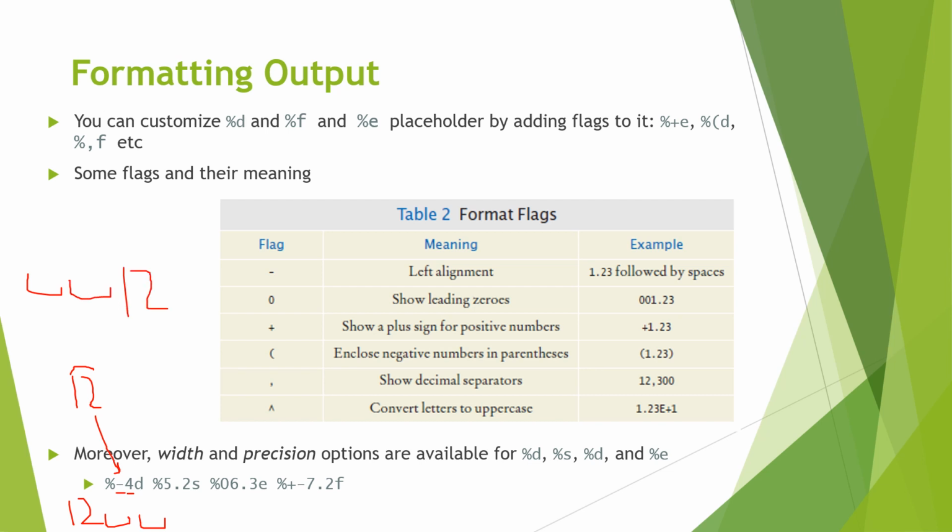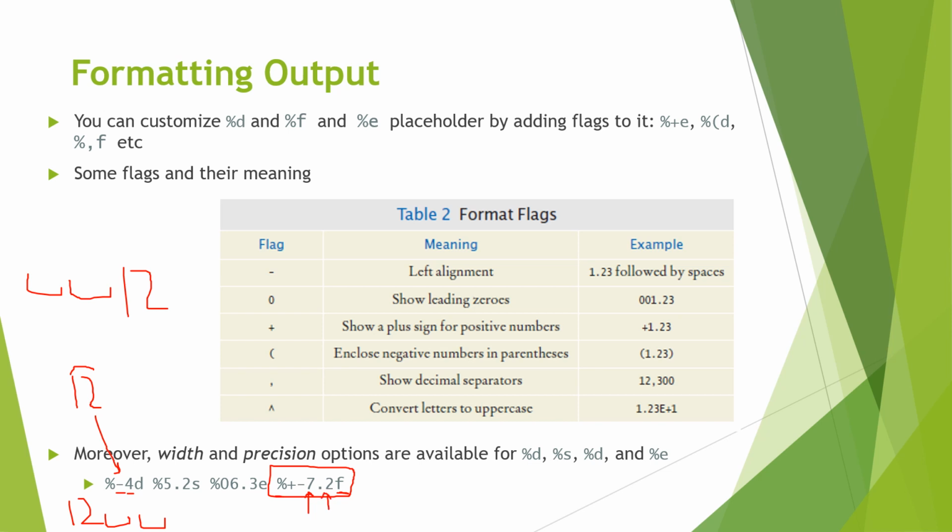Then we have a similar situation for, let's say, the %F. For %F, I can customize it using both the width option, which is 7, and the precision option, which is 2 here.